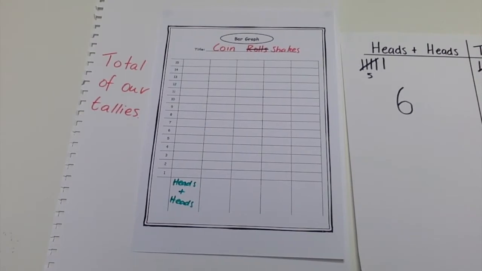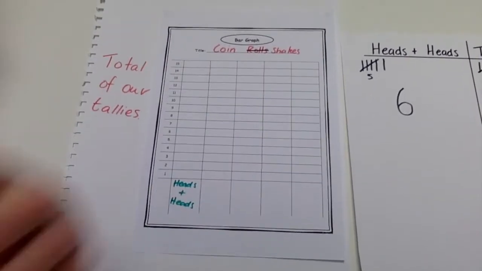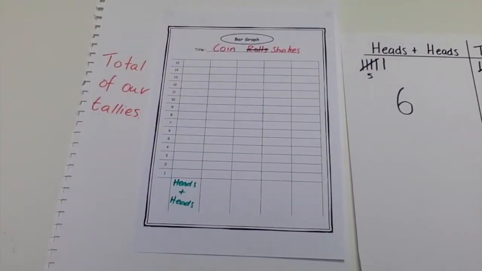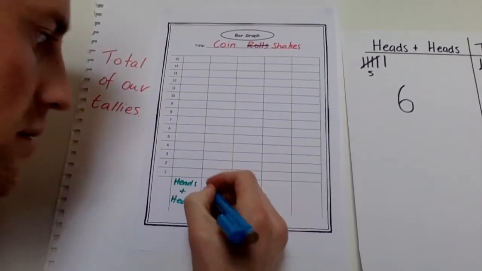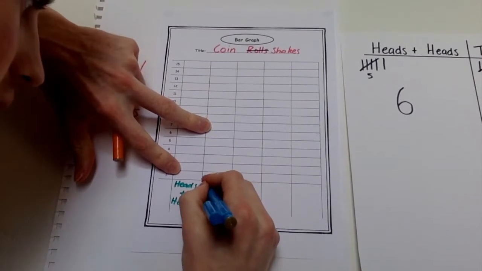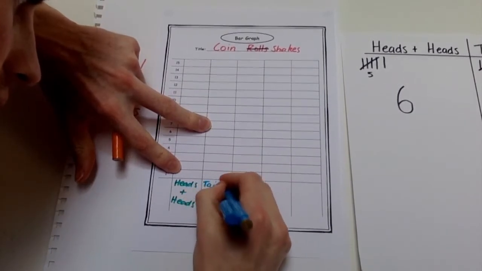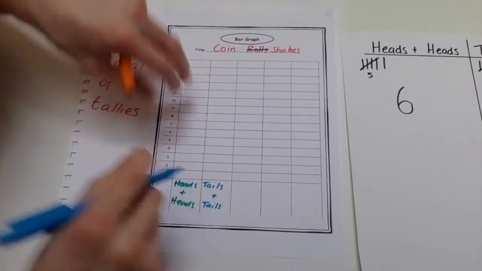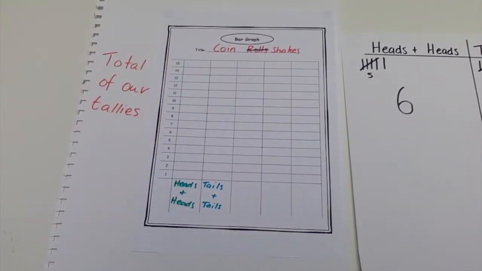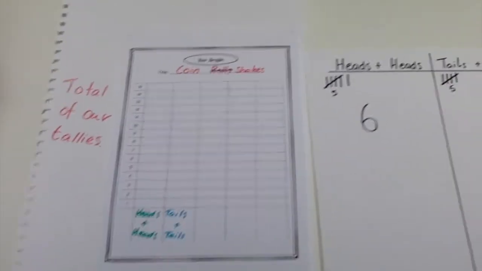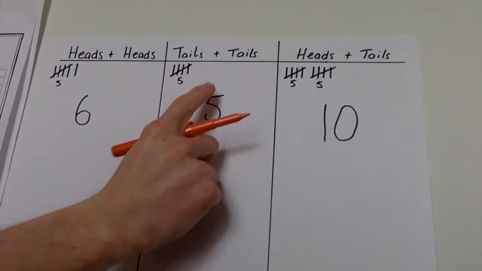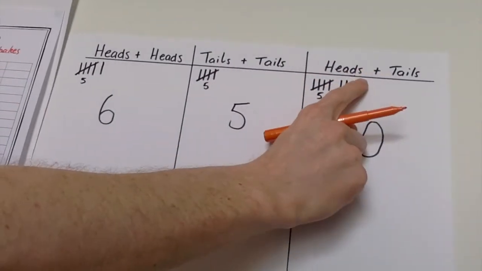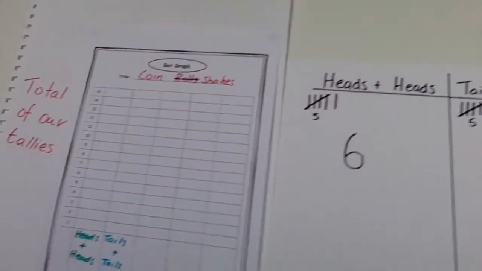Okay, so that's my first one over here. Then I'm going to do tails and tails. So like this. Tails plus tails, okay. Then I'm going to do my last one. So I've done tails and tails just then. Now I need heads and tails, okay.